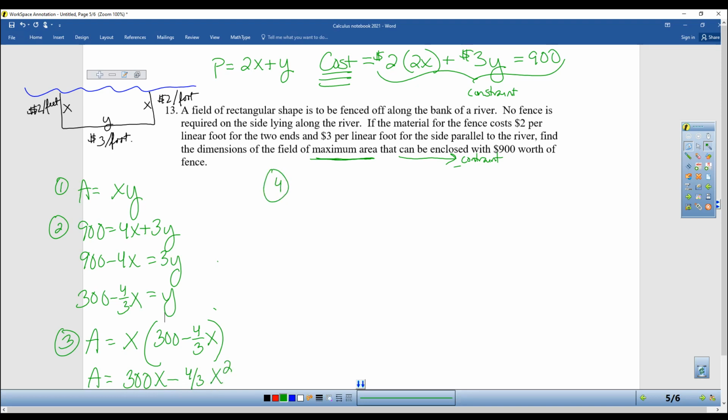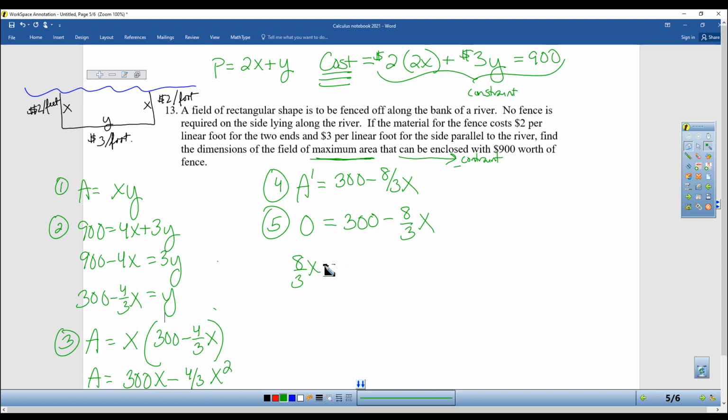Step 4, take the derivative. The derivative of the area equation that we found is 300 minus 8/3 x. I set the area equal to 0 as my step 5. Sorry, the derivative of the area equal to 0.